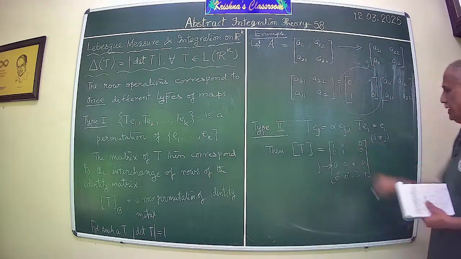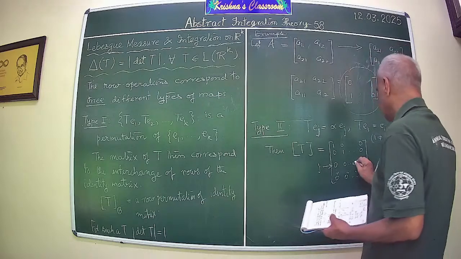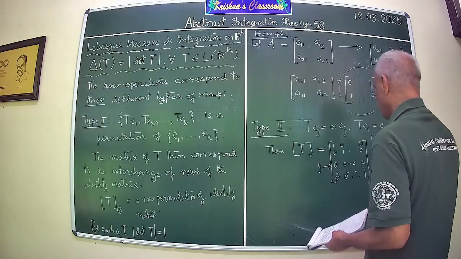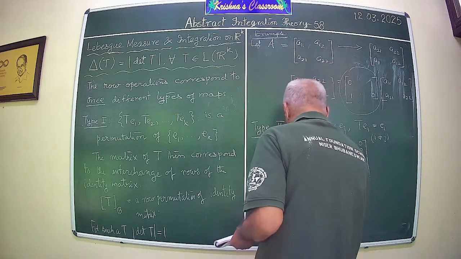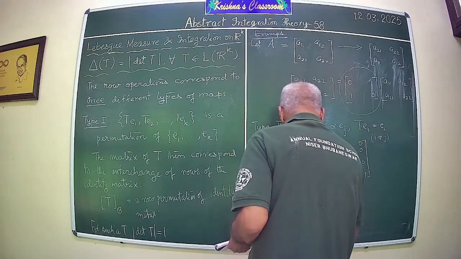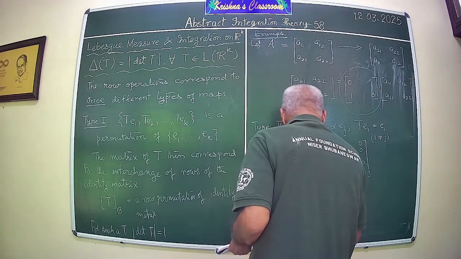So you take the identity matrix, take the jth row and multiply by this alpha. Okay. Then the effect of this is this. For example, you look at this one: 1 0 0, 0 alpha 0, 0 0 1.